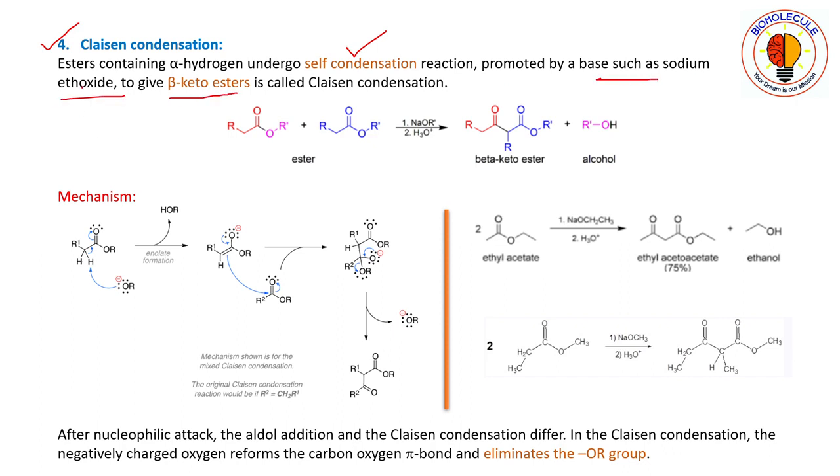The ester must contain alpha hydrogen. So two ester molecules will condense among themselves in presence of the base sodium ethoxide to give you beta keto ester. Now let's look into the mechanism.